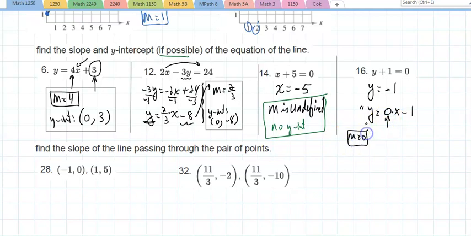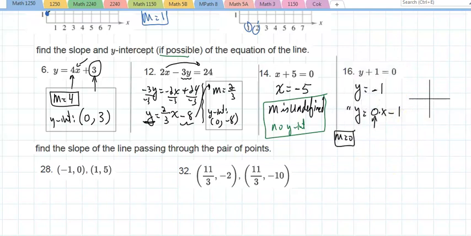And to show you how this graph looked like, again, if you could graph any problem, pretty much the graph gives the answer away. Pretty much. If I look at y equal negative 1, can you guess where the y-intercept happens? If I let x equal any value, isn't y always a negative 1?